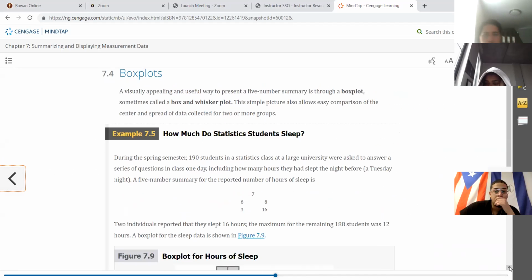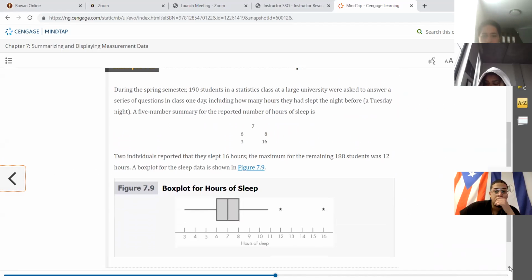Okay, number one, if you see a rectangle that has these 5 numbers in it, in this case 7, 6, 8, 3, 16, that's the 5-number summary. The number on the top is the median. That's 7 in this case. 6 and 8: 6 is the lower quartile, 8 is the upper quartile.